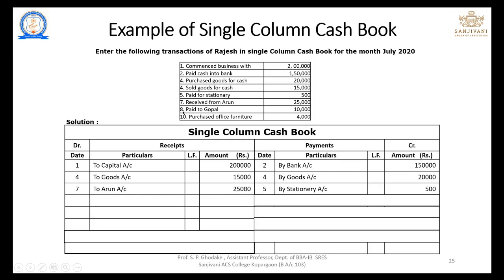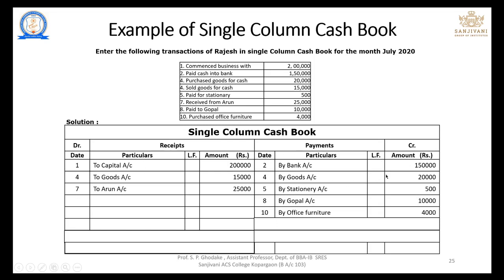Then we have the next transaction, paid to Gopal 10,000. So here it is a payment, so that's why by Gopal account 10,000. And at last we have purchased office furniture 4,000. As we have purchased, it is a payment. So once all the transactions are over, we have cleared the receipt side and the payment side, and all the transactions are recorded in the cash book.